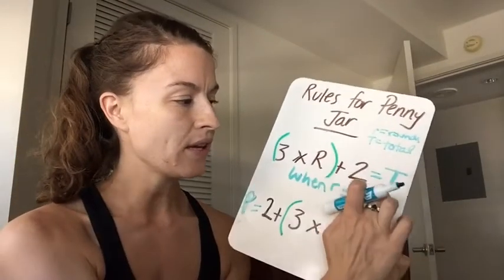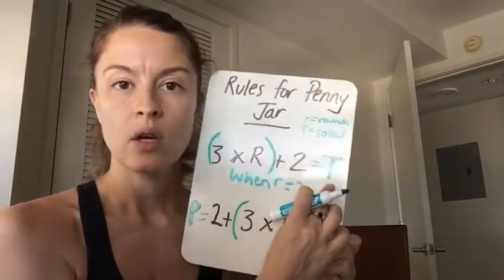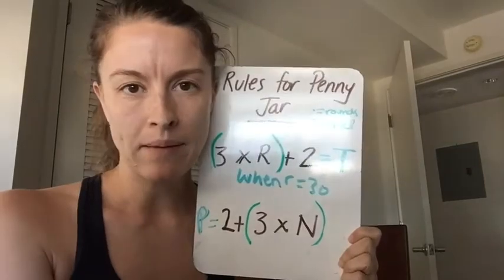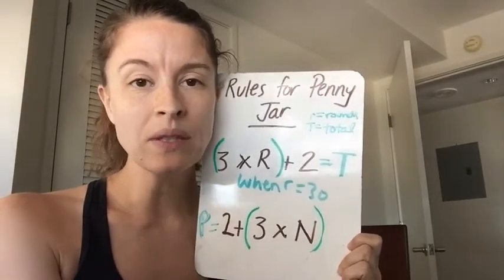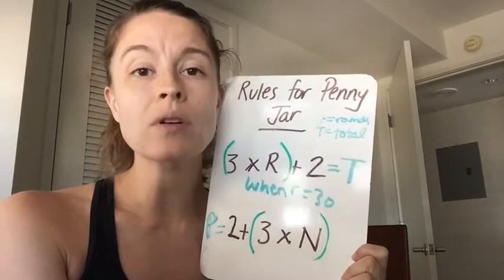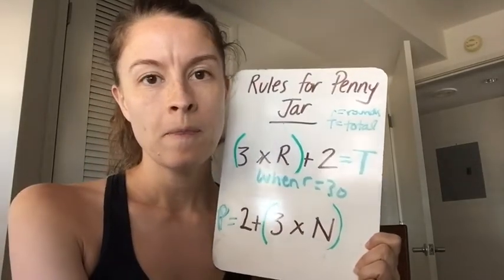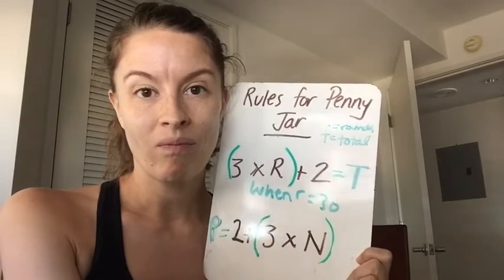Wait, I thought the answer was always at the end. Well, what does the equal sign mean? Okay, it says it equals the answer, but what it really means is that if both sides are equal, both are the same, okay?